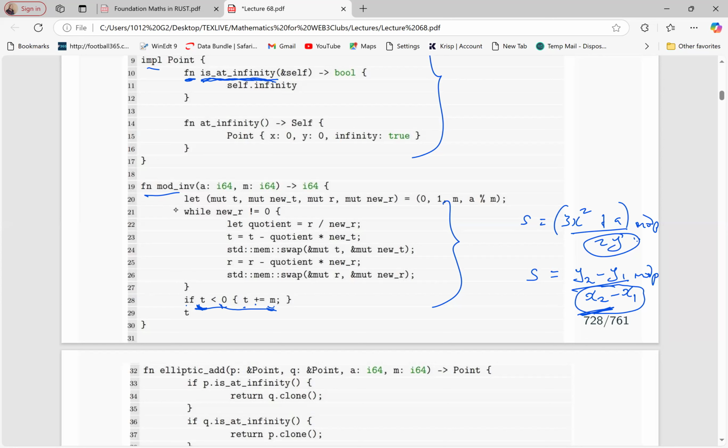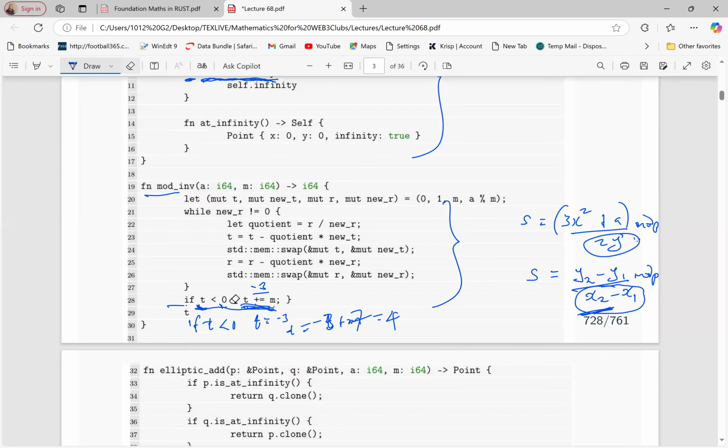Supposing you obtain your t to be -3, what does t become? t becomes t plus m. So -3 plus your mod, supposing mod was 7, that's -3 plus 7, which is 4. So this t, therefore, is the inverse.